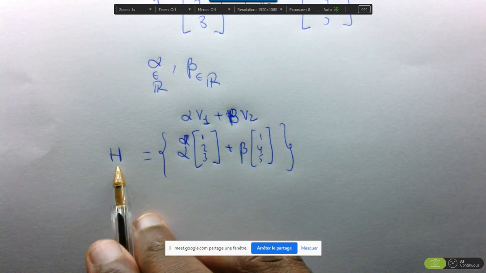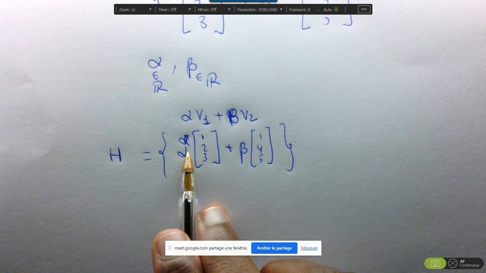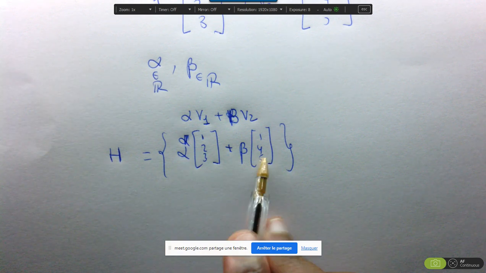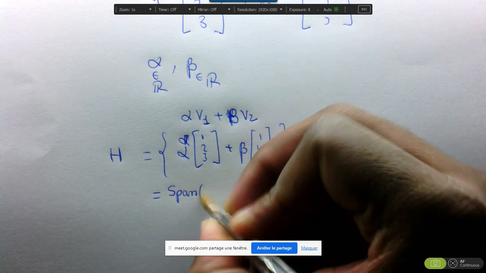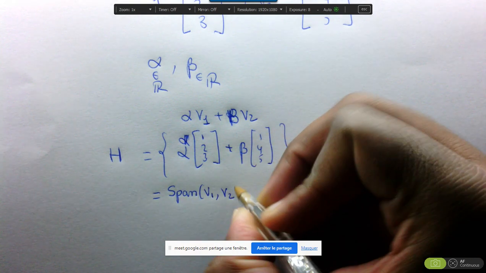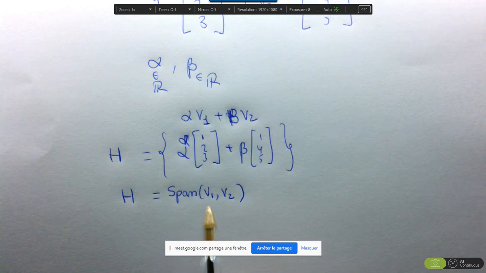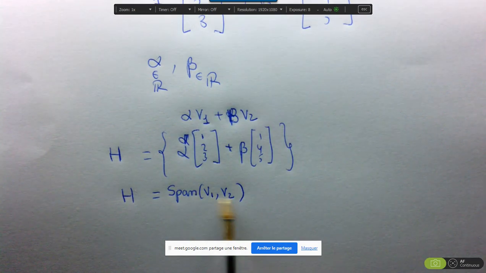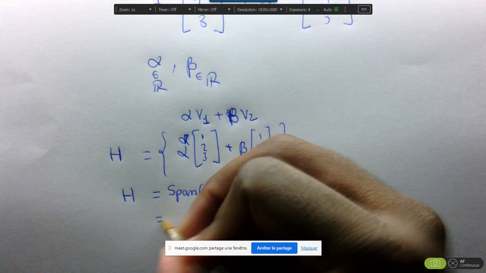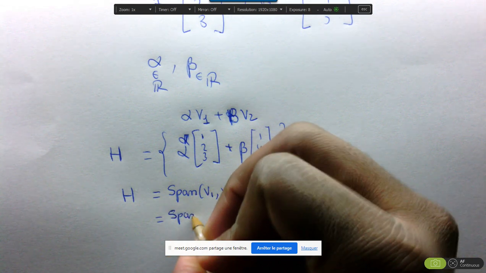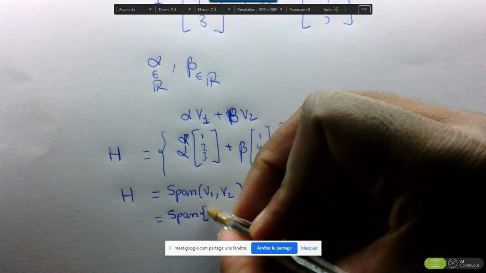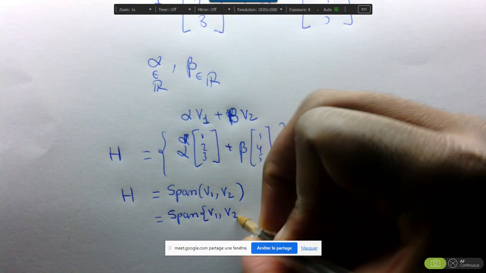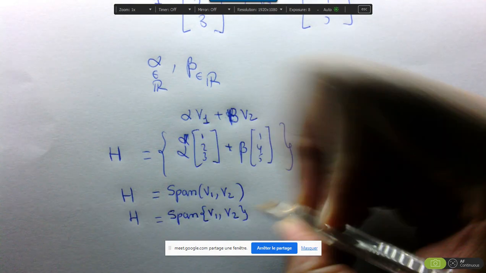So that set H, the set of all linear combinations of v1 and v2, can be written as span of v1 and v2. In some books, instead of writing parentheses here, they simply write braces, v1, v2.